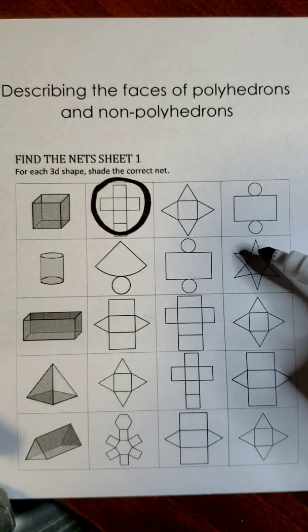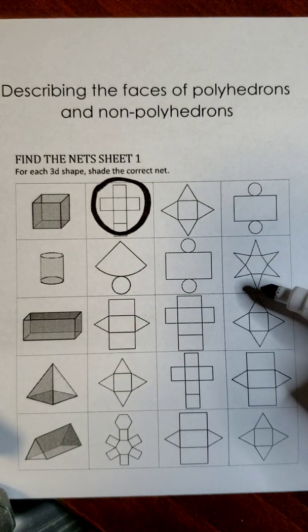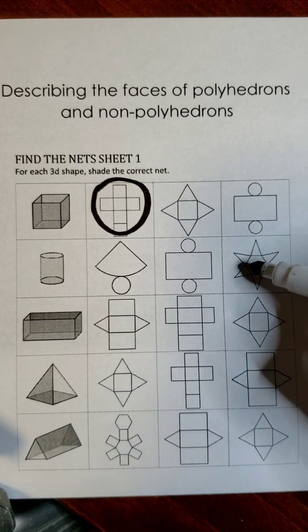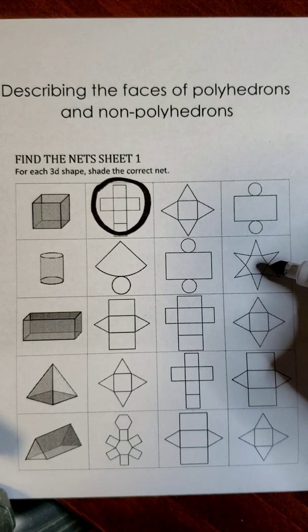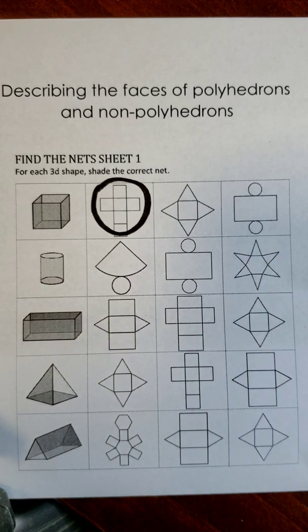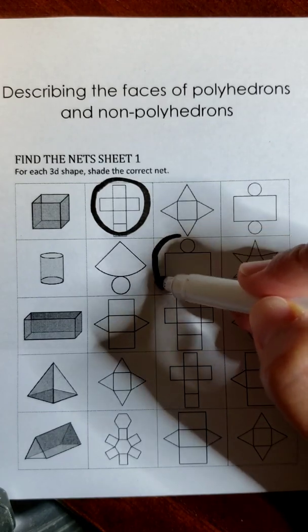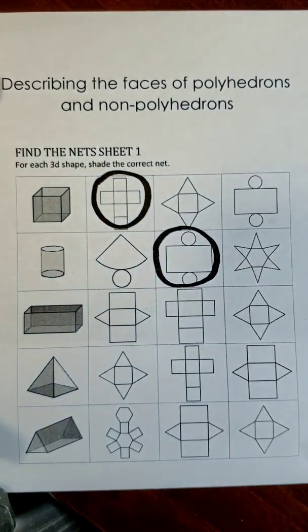I know it's going to make a pyramid because it has all these triangles as lateral faces. But the name of this pyramid is going to come from that base. The base here is a hexagon. It has 6 sides, 6 angles. So the name of this pyramid would be hexagonal pyramid. So of course, that's not going to make this cylinder here. So the answer would be this middle net right here.